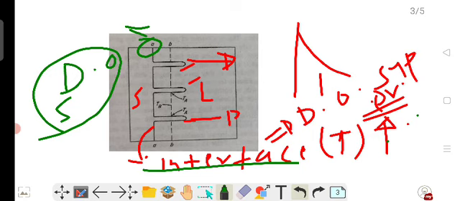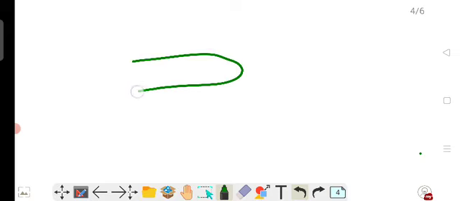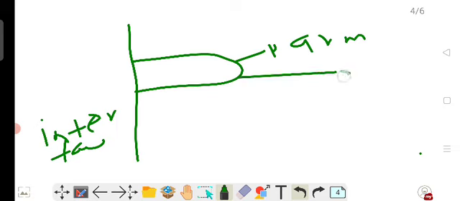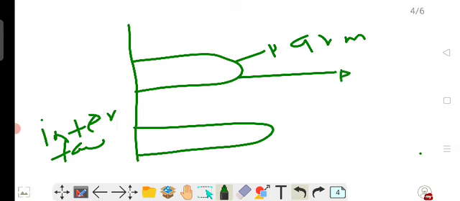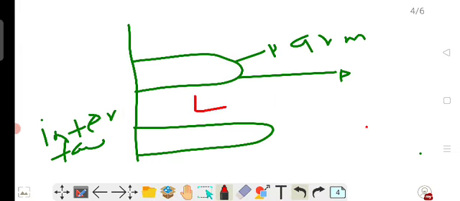Moving to the next thing, suppose that this arm is nucleated, this is the interface, and this is the arm, and between two arms there is a liquid. And this is the solid.